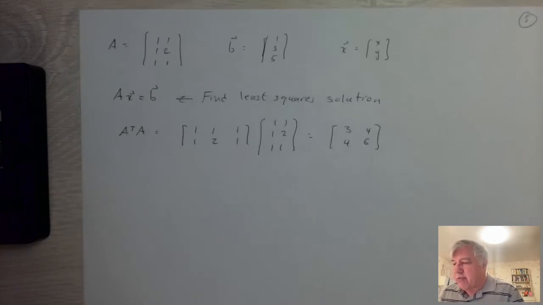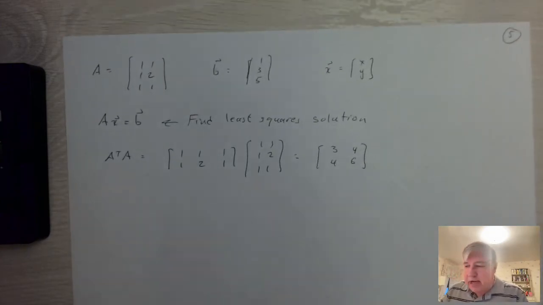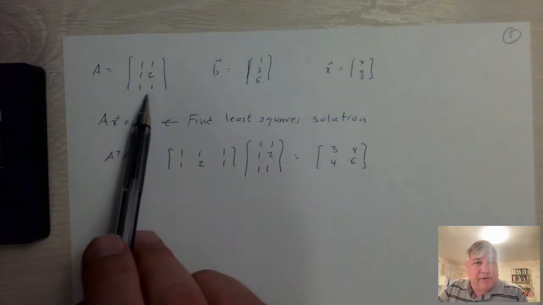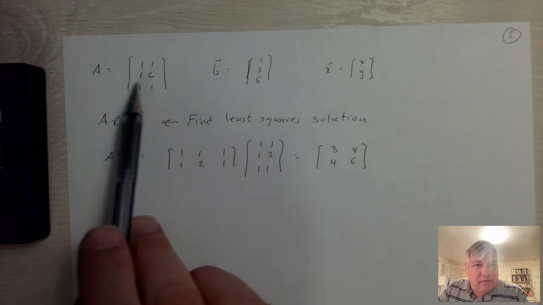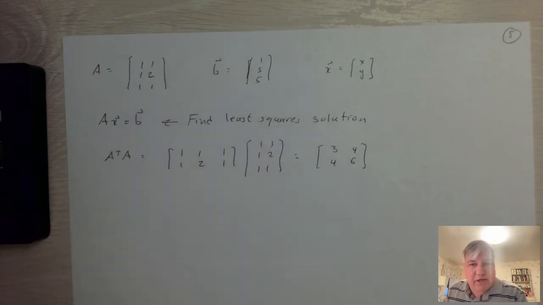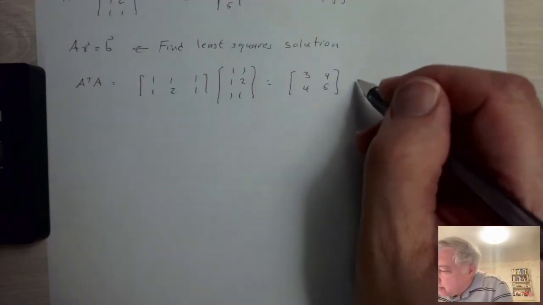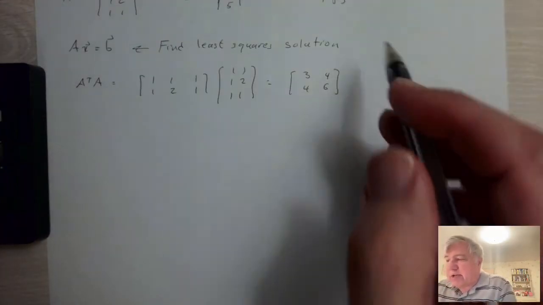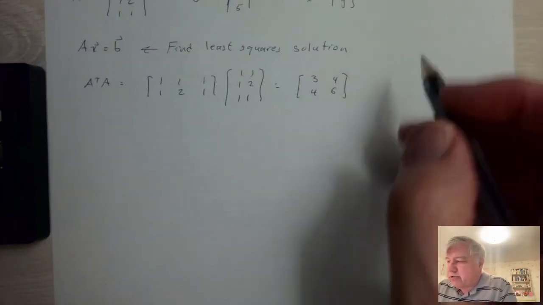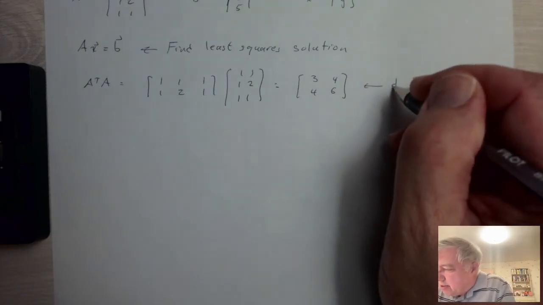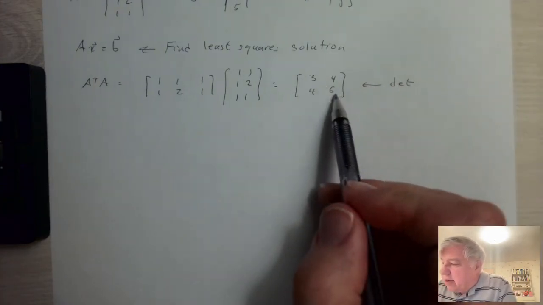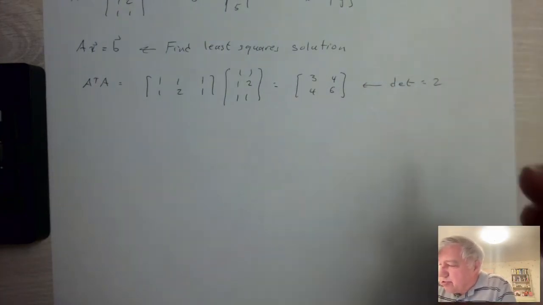By the way, we can clearly see the columns of A are linearly independent because there are just two of them and they're not multiples of each other. So we know this is invertible. You can use the formula for the determinant of 2 by 2 matrices. The determinant here is 18 minus 16, so that's 2.